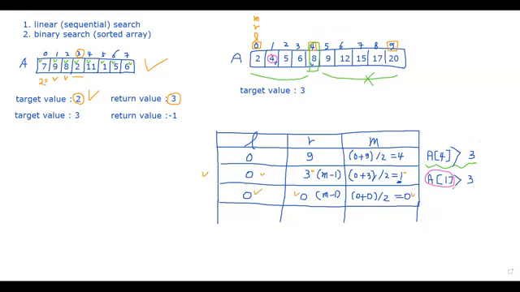Then the computer will compare A0, the middle value at index 0, with the target value. This time A0 is 2, right? So the target value is greater than the middle value.